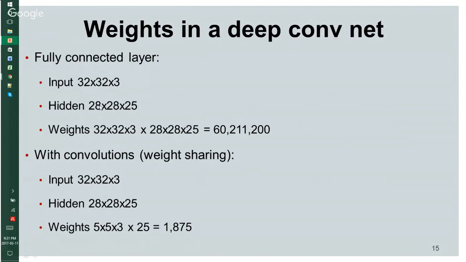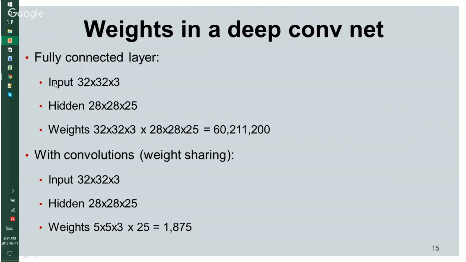Let's say these features are of the size 5 by 5, so you want to extract 28 by 28 by 25. If you want a filter that is specific to each location, then you would input in a hidden layer 32 by 32 by 3 times 28 by 28 by 25.